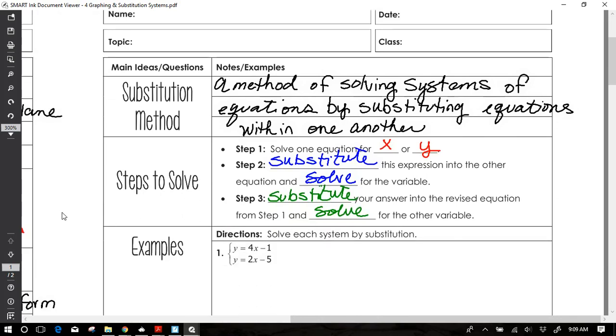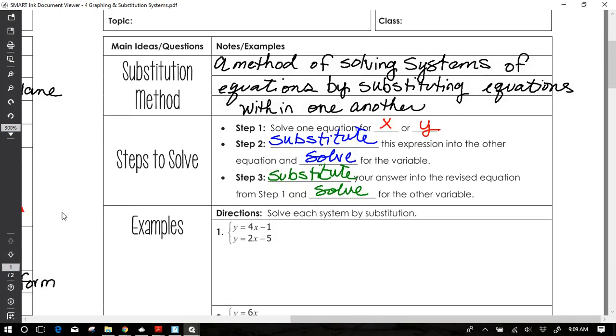The substitution method is a way of solving systems of equations by taking one equation and substituting it into another, and that is where it gets its name. The steps we're going to take: first, we need one equation to be solved for either x or y.